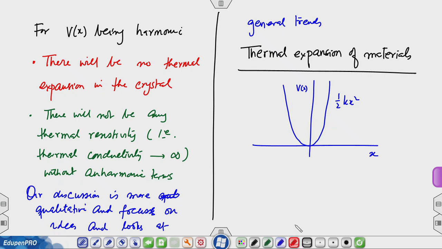If I have an atom vibrating in this system, as the temperature is raised, it goes to higher states, but still oscillates symmetrically about the origin. So, on an average there is no expansion, the average x remains unchanged as temperature rises.